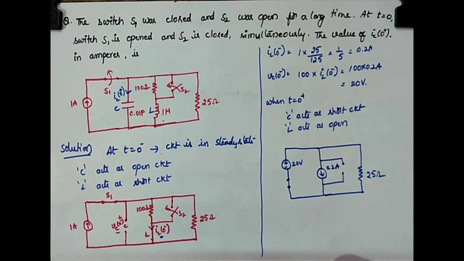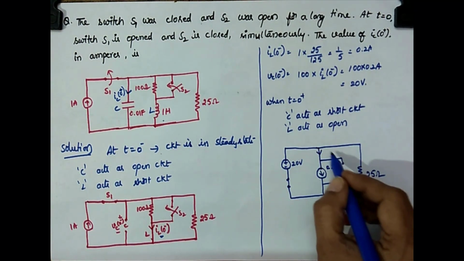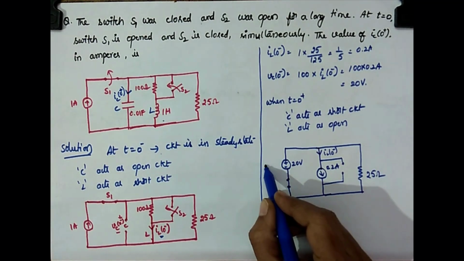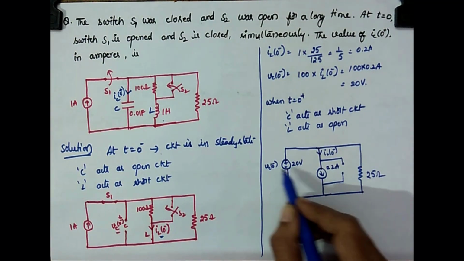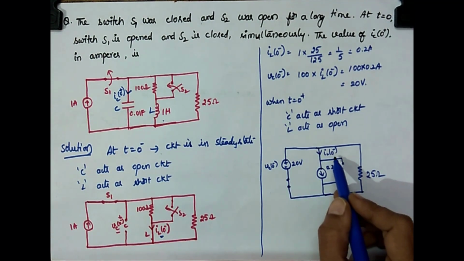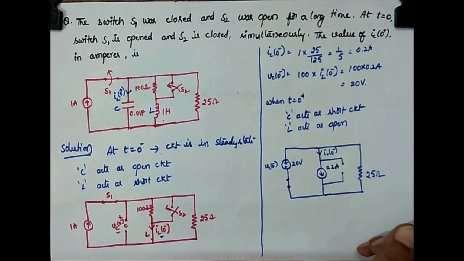This current of 0.2 amperes is nothing but IL(0-), remember, and this is VC(0-). These are considered the initial voltage and initial current of the capacitor and inductor respectively.